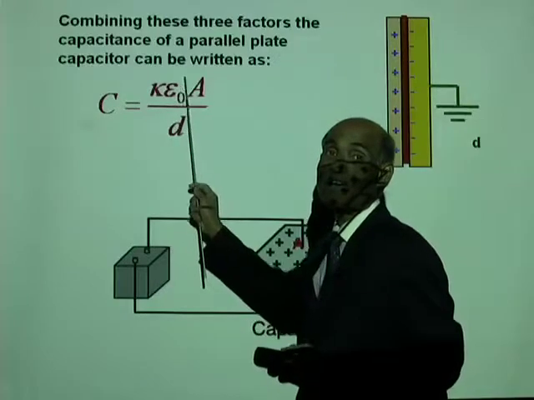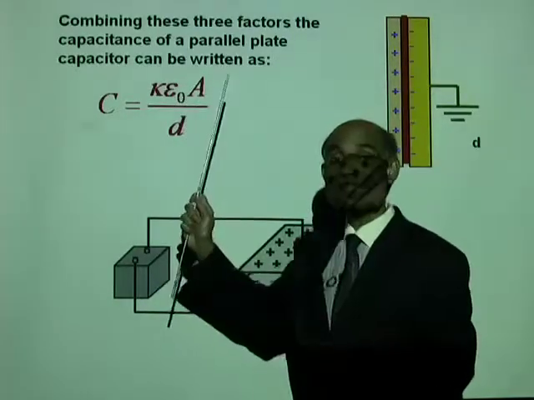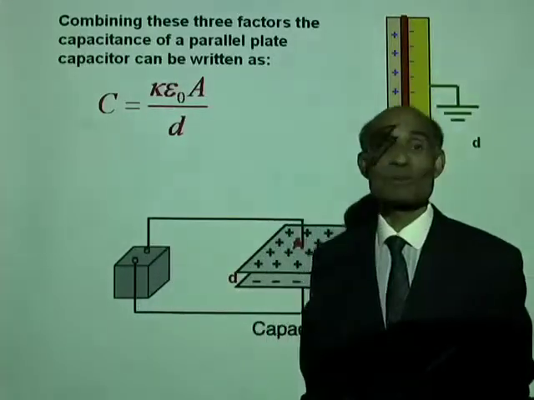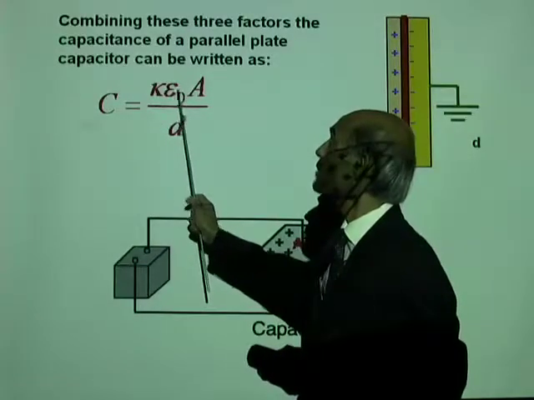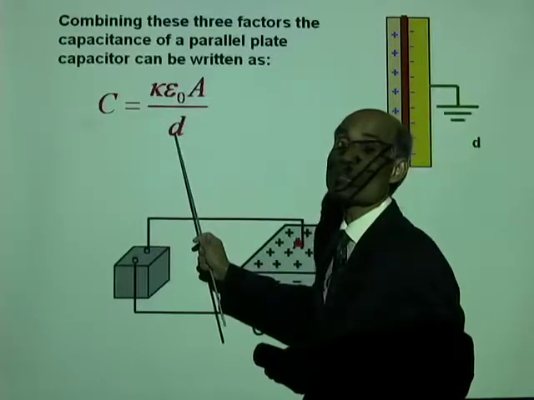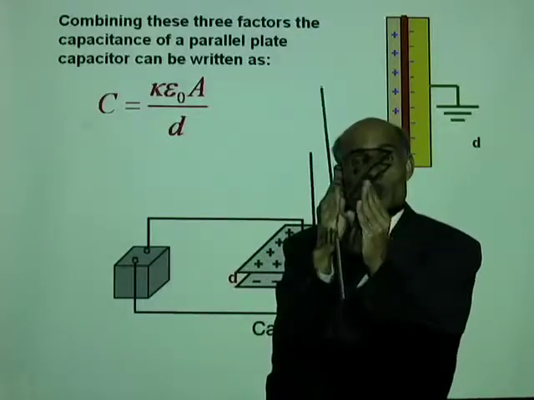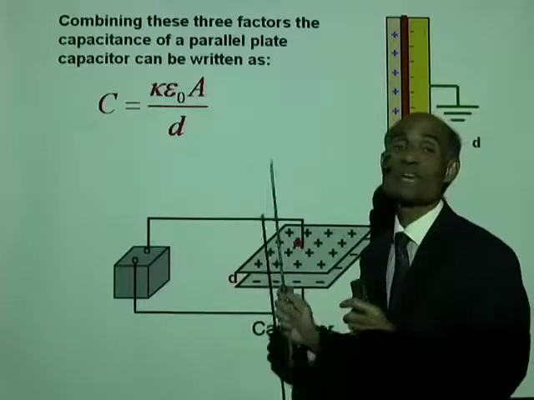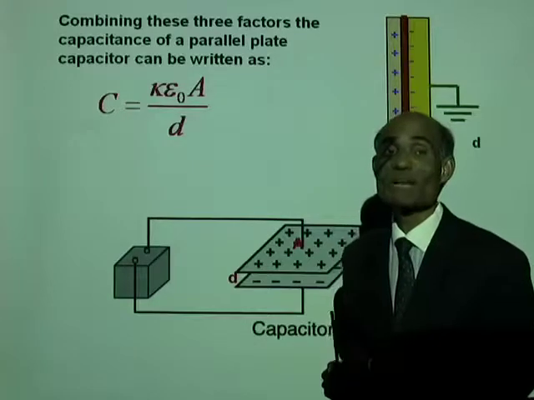Look at the constant there. Are you familiar with this? Epsilon naught is the constant there. So the capacitance of a parallel plate capacitor is equal to kappa epsilon naught A over D, where kappa is the dielectric constant of the dielectric between the plates, A is the area of the plates, and D is the plate separation.